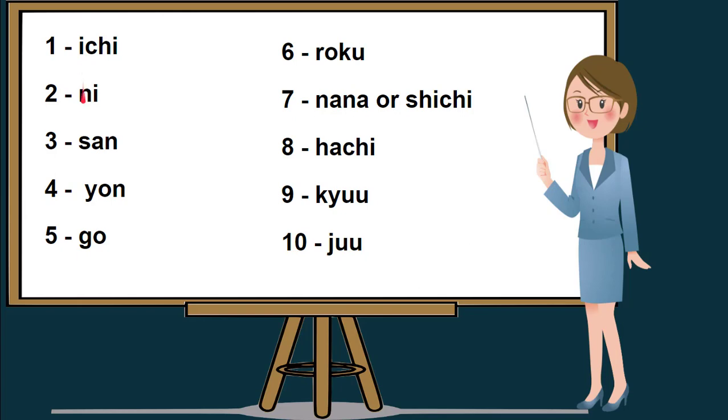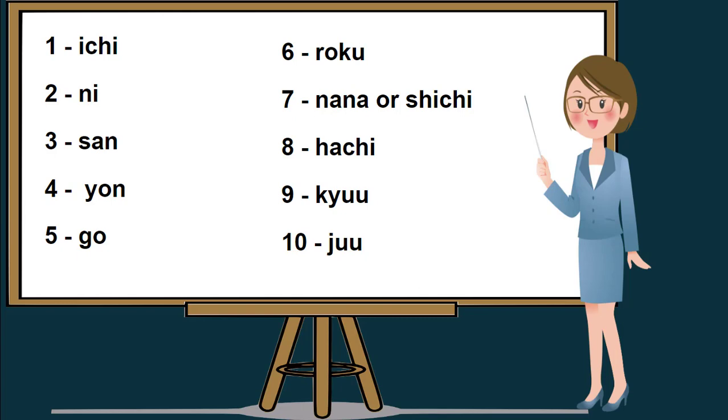Ichi, ni, san, yon, go, roku, nana, shichi, hachi, kyuu, ju. It's so important for you to master counting from 1 to 10 because counting numbers by tens needs a mastery of counting numbers 1 to 10.